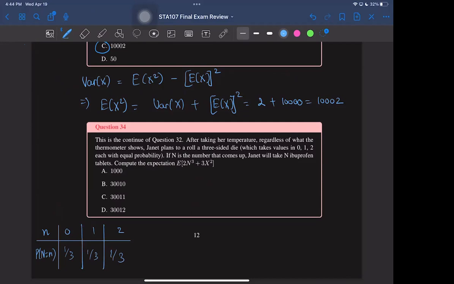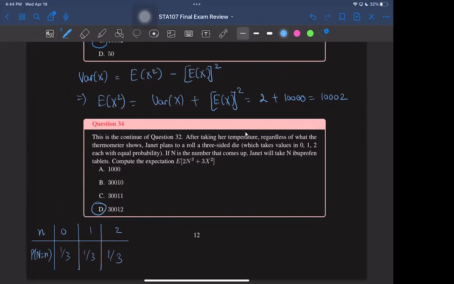Okay, so whoever voted, we also got D. And it is the correct answer. Let's try to break this down. By linearity of expectation, I can write this as expected value of 2X cubed plus expected value of 3X squared. And you can move the constant outside.